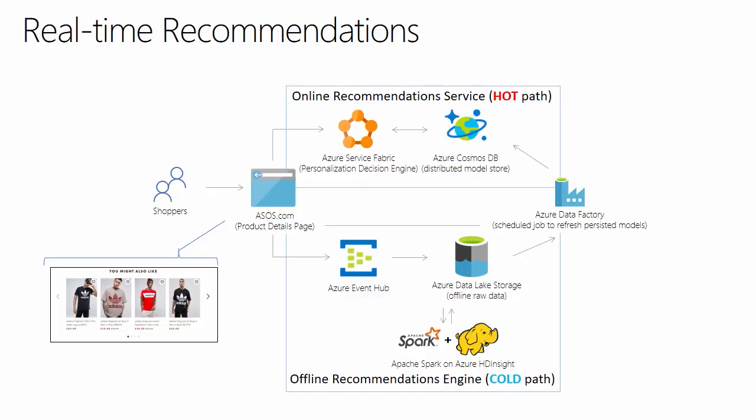Another area where we see a lot of usage is in real-time recommendations. Typically these are built using a Lambda architecture design pattern. What we see a lot of people do is, for the online recommendation, when a user comes to a product landing page, you right away want to understand who this user is and what their browsing behavior is.